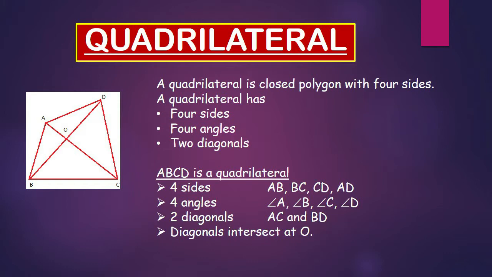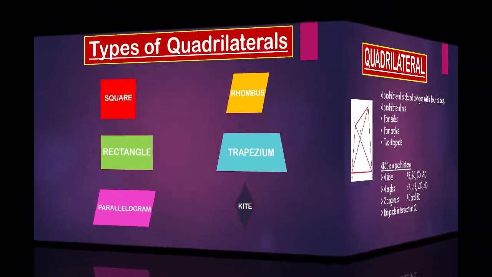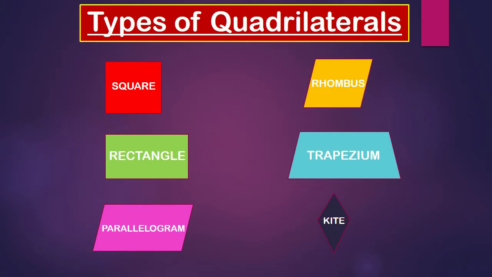Four angles are angle A, angle B, angle C and angle D. The diagonals are AC and BD, which intersect at point O. The different types of quadrilaterals are square, rectangle, parallelogram, rhombus, trapezium and kite.